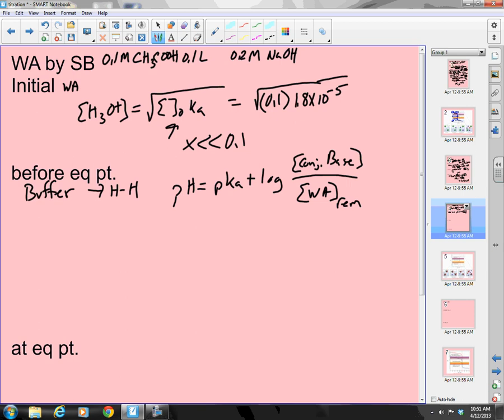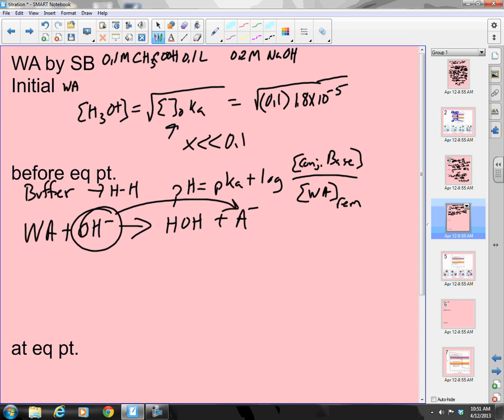How do I figure out the concentration of my conjugate base? Here's the deal. My weak acid is going to react with my hydroxide, and it will form water plus my conjugate base. So every mole of strong base that I add is transformed into conjugate base, and every mole of hydroxide I add removes some of my original weak acid.